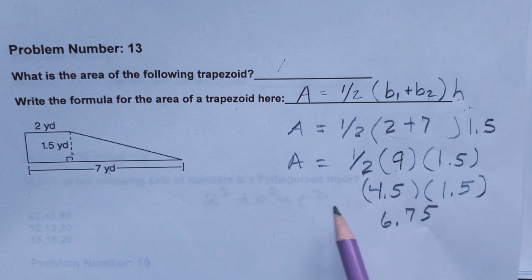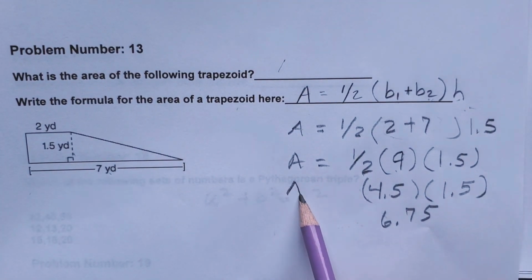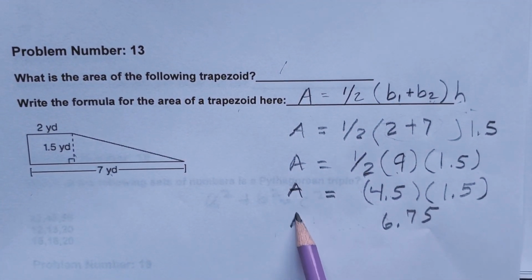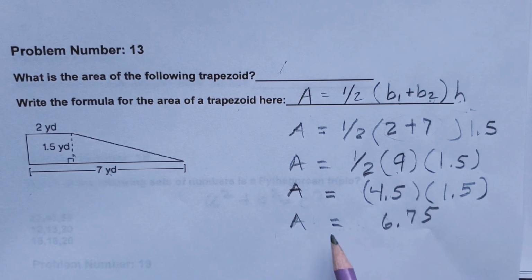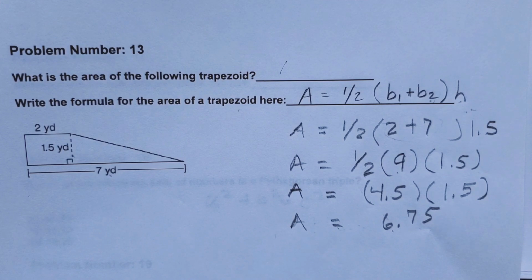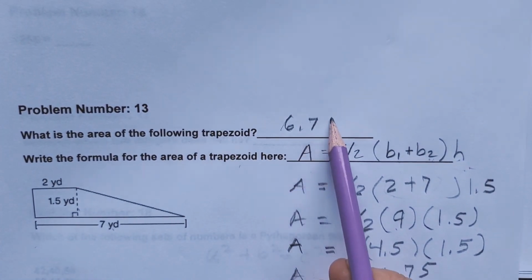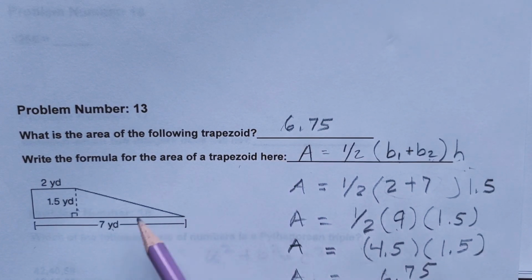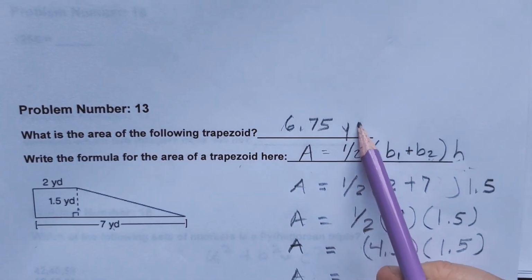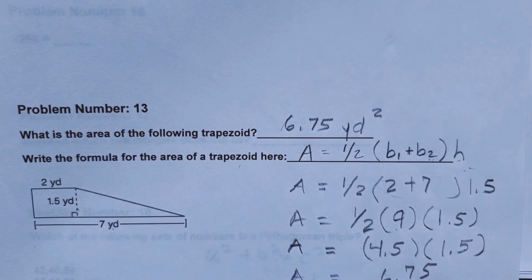And if you follow it exactly, you're supposed to keep dropping down the A and putting equals. So it gets to the end and it says A equals 6.75. So the answer is 6.75 square yards. Put the little square sign there.